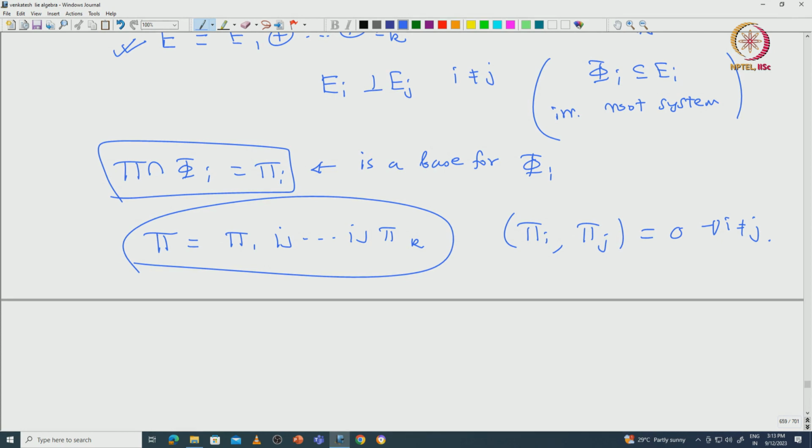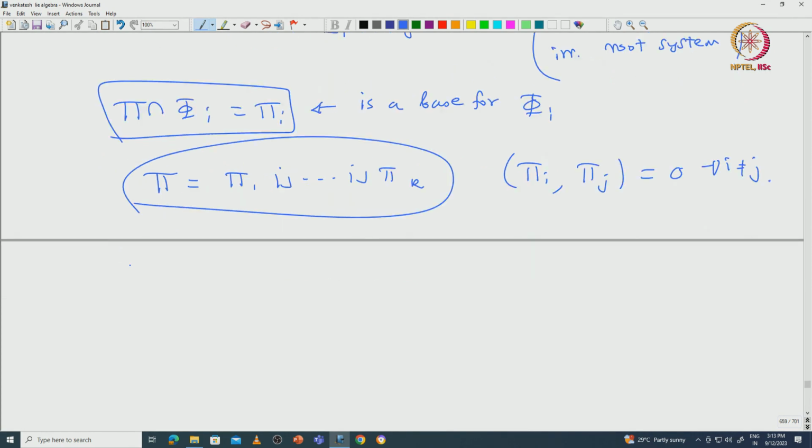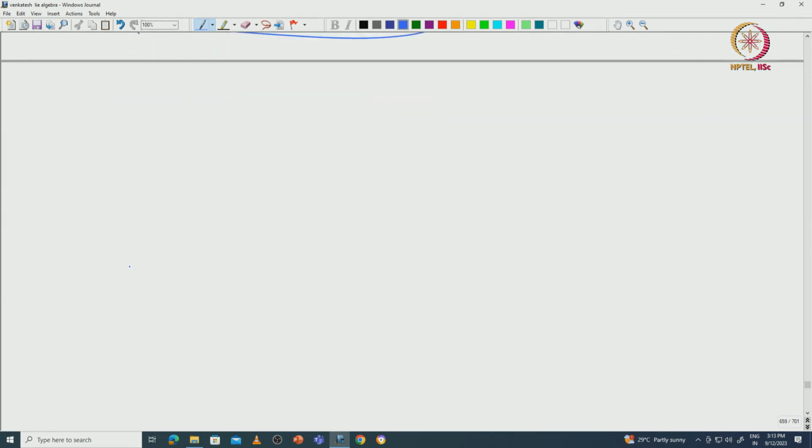So, what do we get from this observation? To classify all root systems: because any root system can be written as a direct sum of irreducible root systems, it is enough to classify only irreducible root systems.